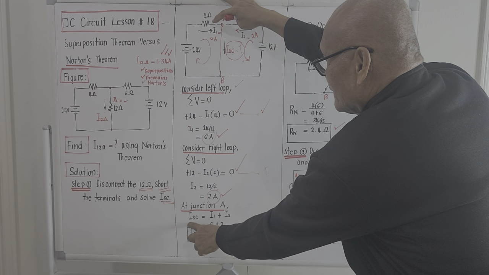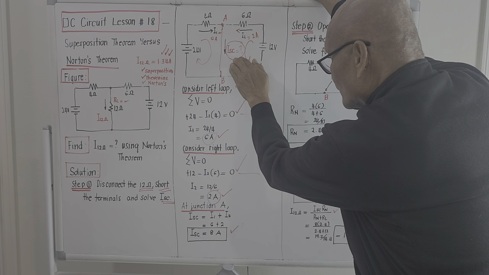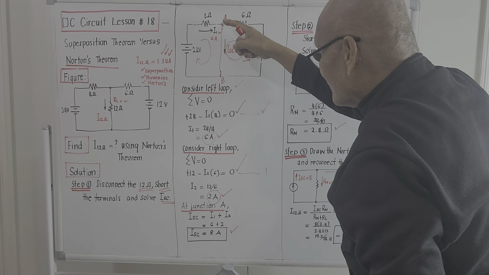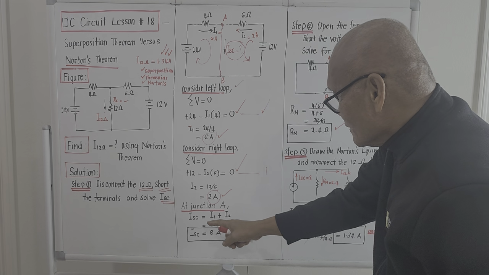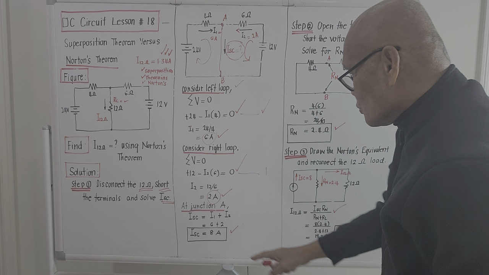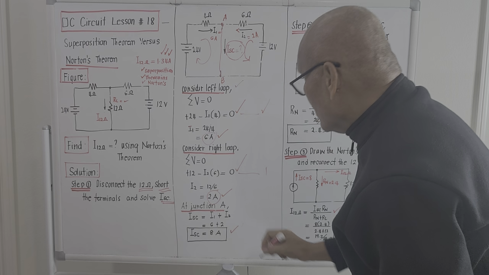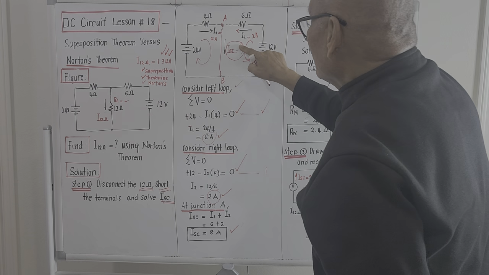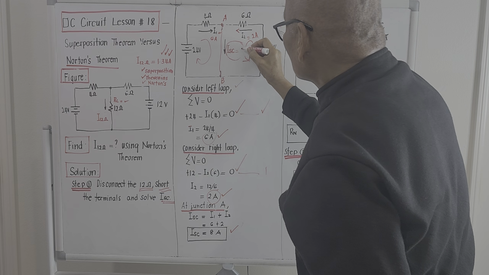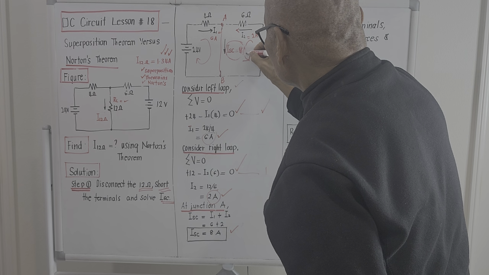The current entering is I sub 1 and I sub 2. Meaning this short circuit current which is going out should be equal to the current entering this junction. So the short circuit current will be I sub 1 plus I sub 2, which is 6 plus 2, and that will be 8 amperes. So if we short the terminals, the total current passing through the short circuit will be 8 amperes.